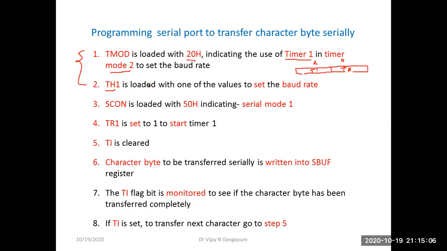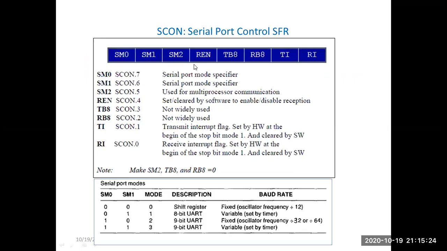Then SCON, that is serial control register, is loaded with 50H, indicating that it is serial mode 1, means it is being configured in serial mode 1. This is the format of SCON, the serial port control SFR.